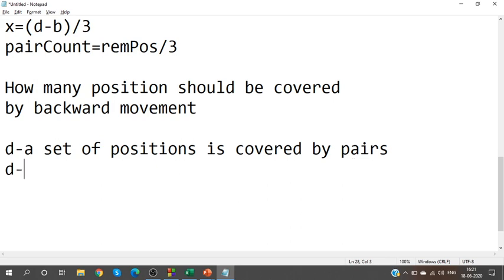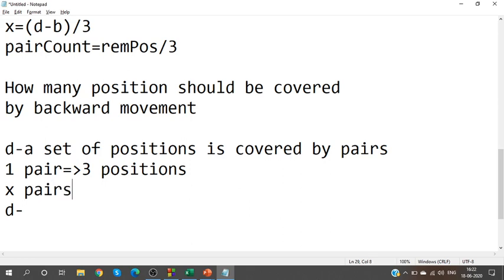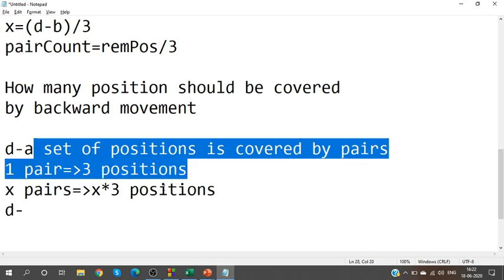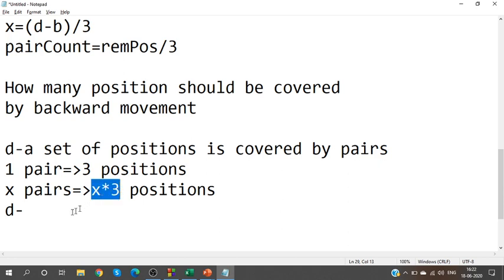Okay. So one pair covers 3 positions. So x pairs will cover x into 3 positions. So D minus positions covered. How will I get the positions covered? x into 3. D minus x into 3.